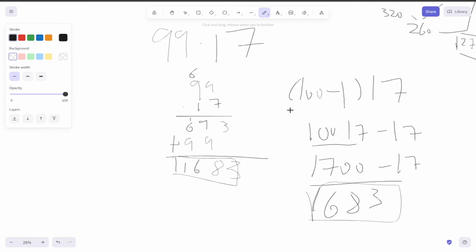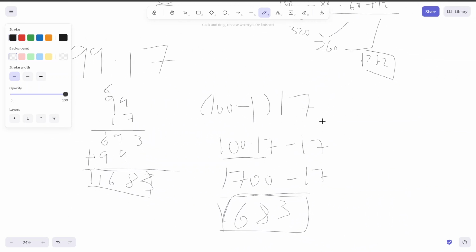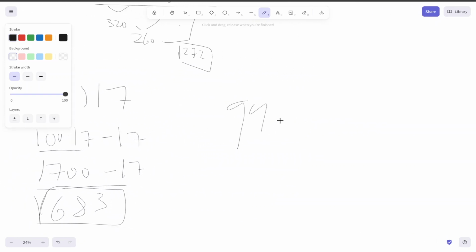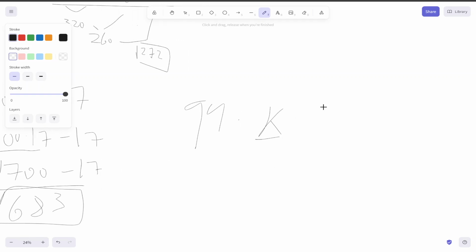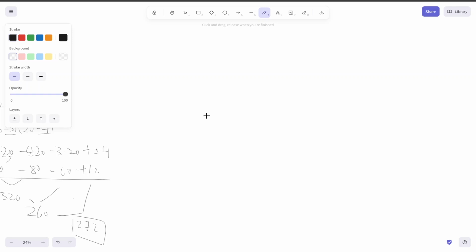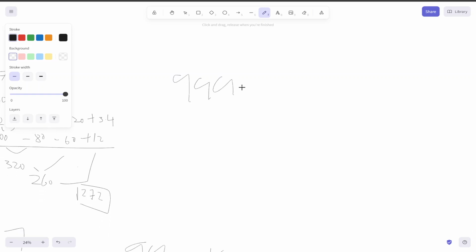In fact, this tells us a fairly nice thing, which is that if you have 99 times any number, let's say k, which stands for any number, we can think about it as 100k minus k. All right, and this actually extends pretty nicely to 999 times k, which is going to be 1000k minus k.